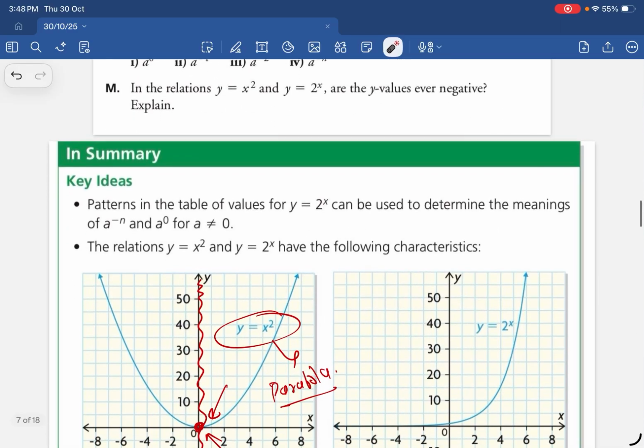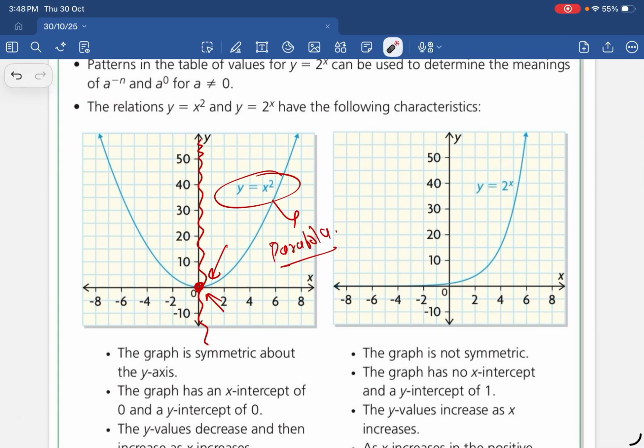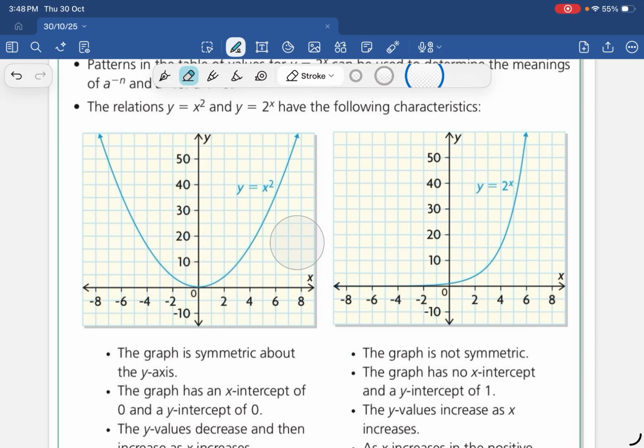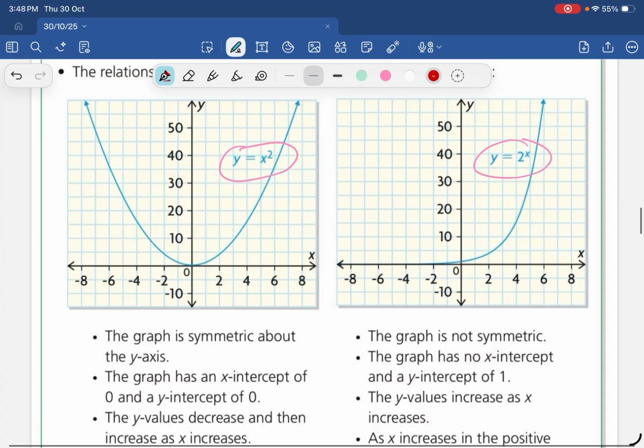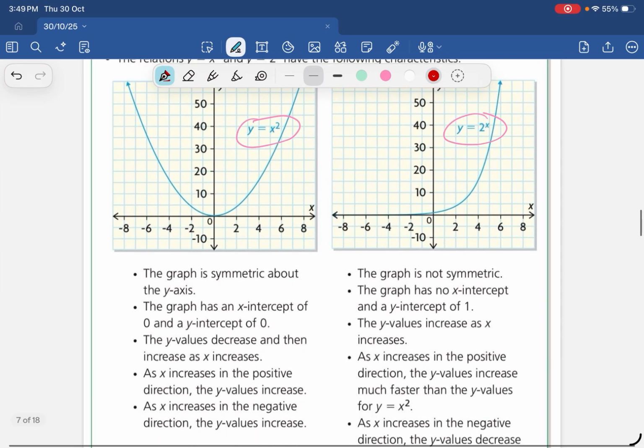The difference is given in your notebook, in which they have drawn the graph of y is equal to x square and y is equal to 2 to the power x. As I showed you, the graph of y is equal to 2 to the power x has no x intercept and a y intercept of 1.